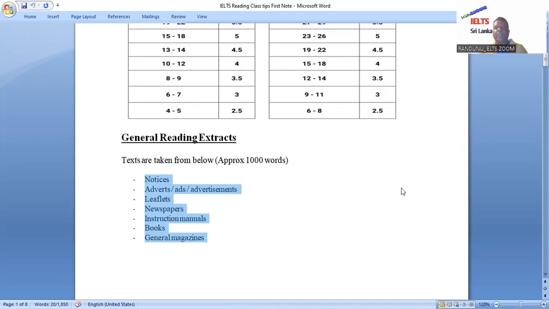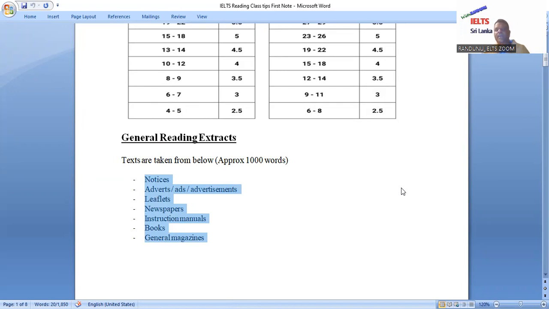So there's an instruction manual, it's a kind of manual like that. Books, sometimes some extracts from books can be there. General magazine, some extract from a general magazine can be there.